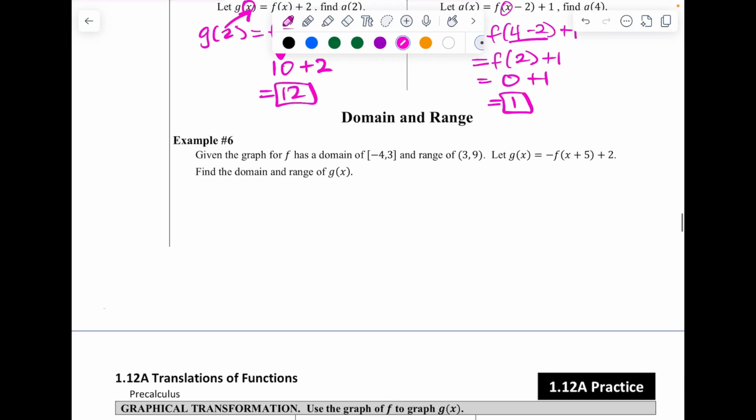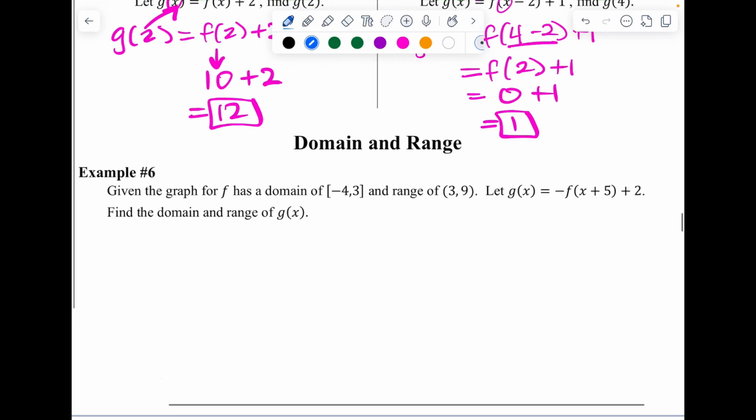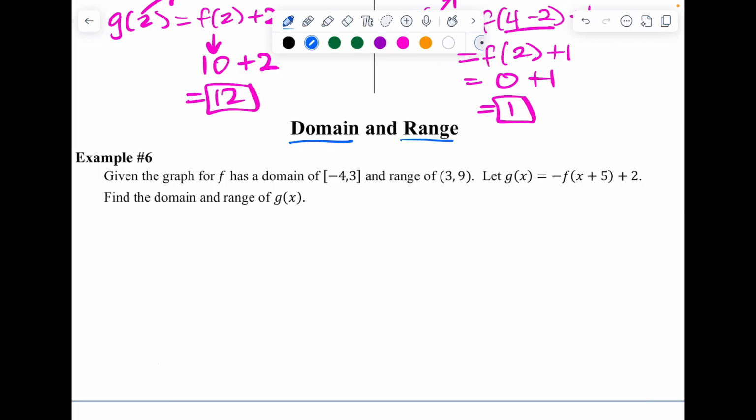All right, let's do a little more challenging idea of how translations, or transformations, can change a domain or range. So f has a domain of -4 to 3, and a range, which we'll write right here, from 3 to 9, not including.